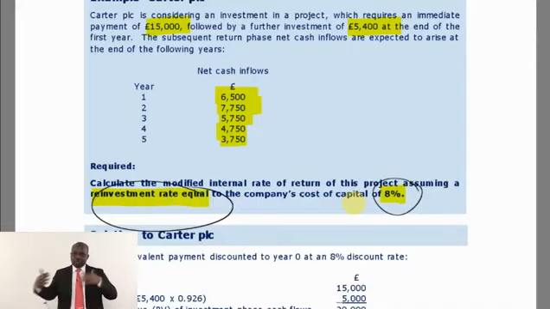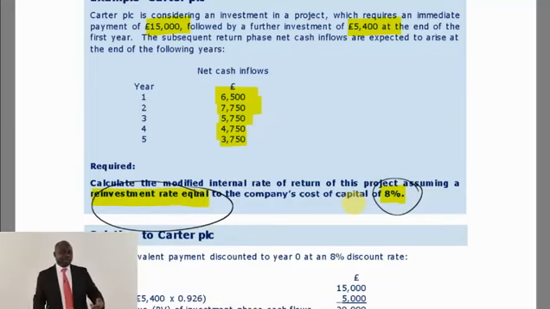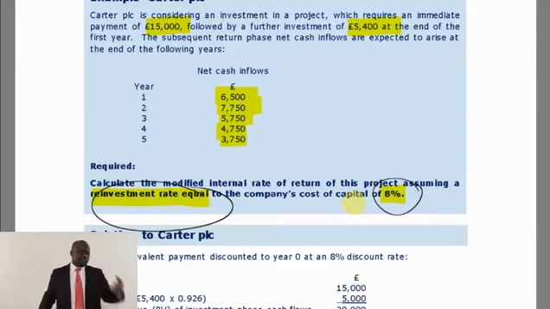Okay, this is how I will expect you to be relating the topics to each other. So I know to calculate the modified internal rate of return, the cash flows are supposed to be reinvested at the cost of capital. Examiner or question, have you given me net cash flows? If the question hasn't given me net cash flows, it's my responsibility to go and get the net cash flows. When I get the net cash flows, I need the cost of capital.